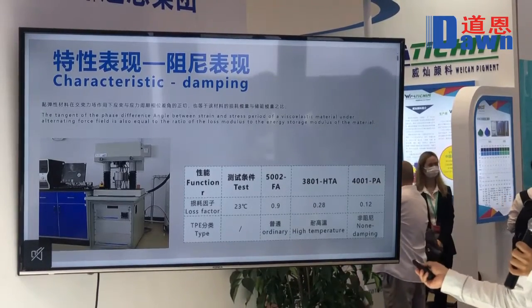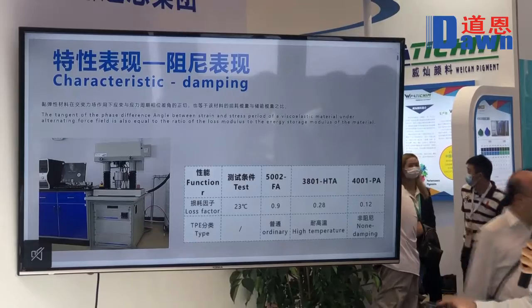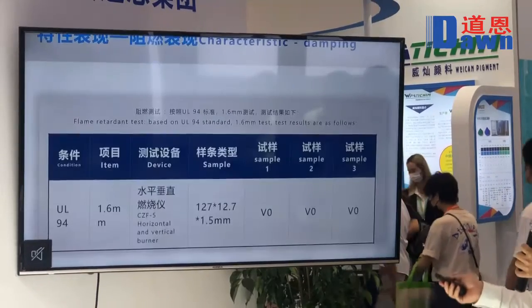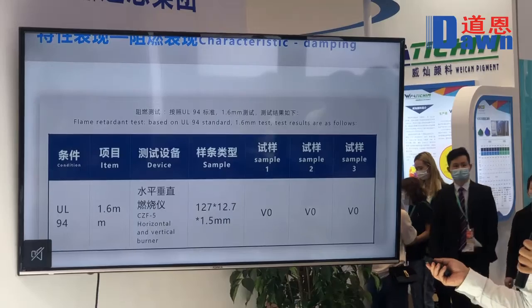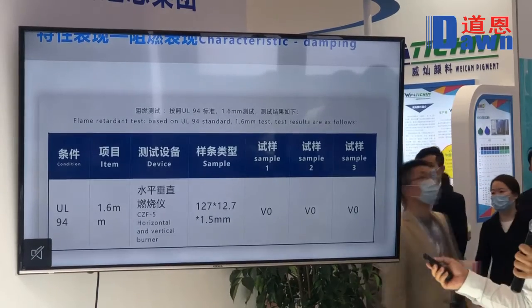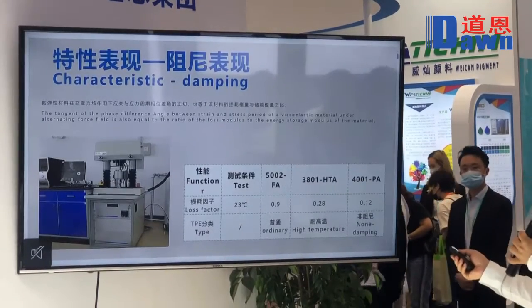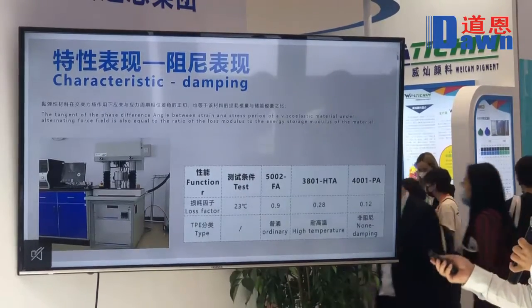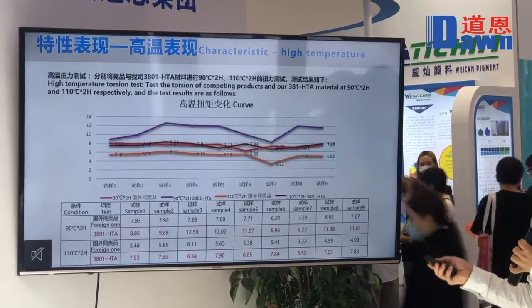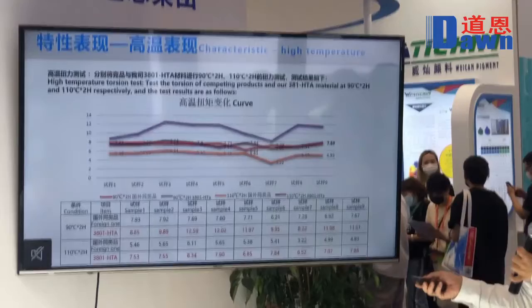It can be matched with those flame retardant levels. They are in those grades. There is one grade that can be chosen by the customer for good performance. Especially in 110 Celsius, especially the torque can be kept.